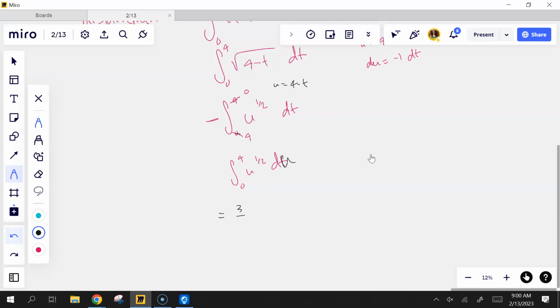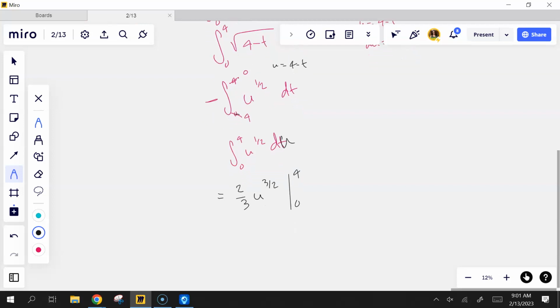Oh, I got it backwards. That'd be 3/2, so that's 2/3, 3/2 from 0 to 4. I don't have to go back and plug in that 4 minus t because I adjusted my bounds. Does that make sense? Remember, you can adjust the bounds in the beginning, or you can plug your u back in at the end. Either way is okay, but you have to adjust one of the two.